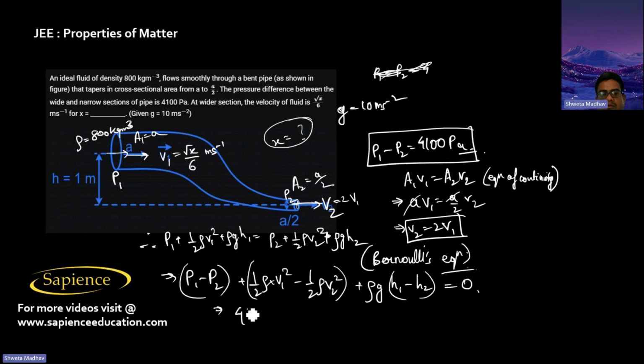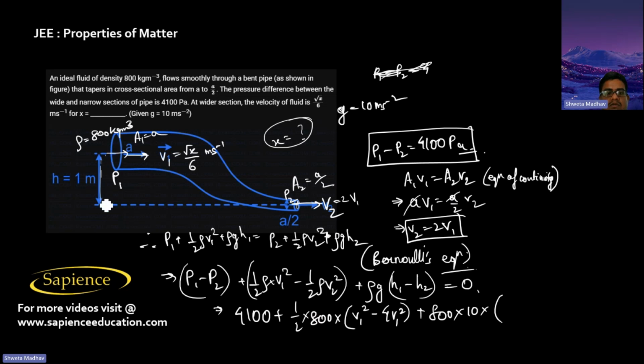So P1 minus P2 is 4100, plus half into rho, that is the density of the fluid, 800, into V1 square minus V2 square. V2 is 2 V1, so it will be 4 V1 square. At the wider section, this V1 only we have to find out. So plus rho g, 800 into g, that is 10, into H1 minus H2.